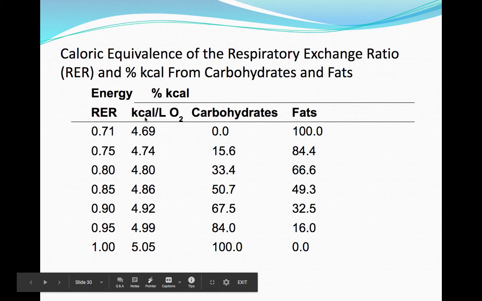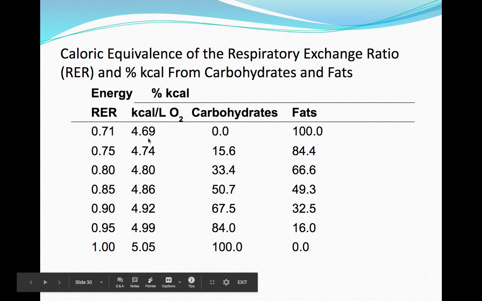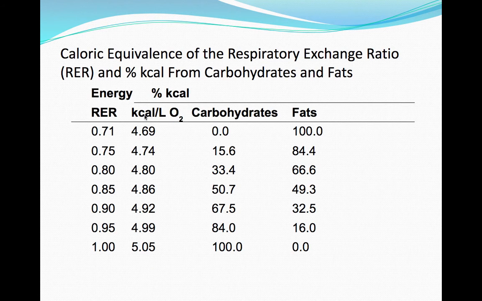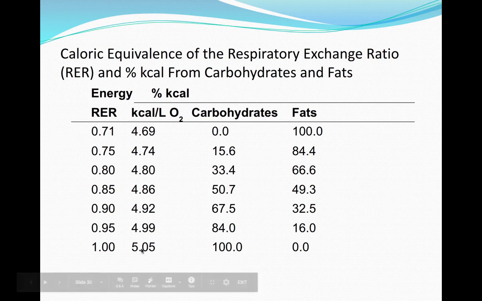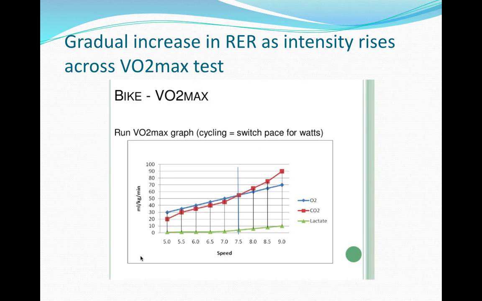It's from right here. Even though it is a little different, it's easier for most people to remember that for every liter of oxygen you consume, you've expended 5 kcals, because this is what's going on if you're using fats and carbs. You're expending about 5 kcals for every liter of oxygen consumed.